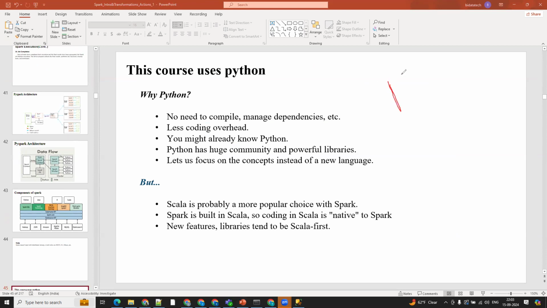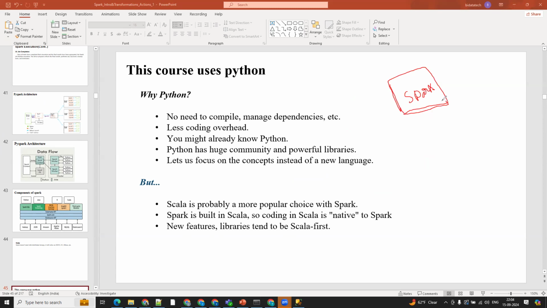Spark is built on top of the Scala language, right? Scala is again built on top of Java. Ultimately, Spark is running on Java, not directly, indirectly. So Spark was built using Scala.